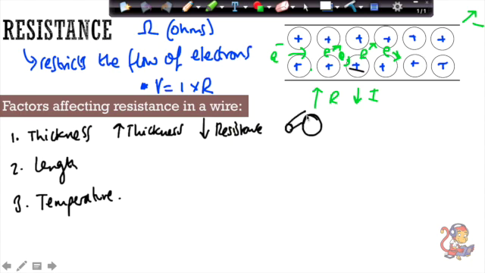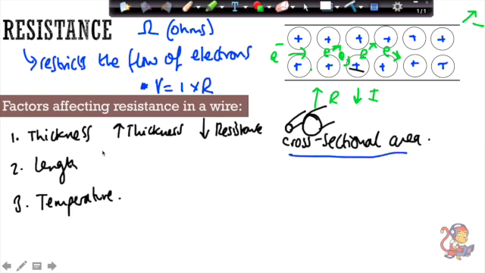So you might see it in an exam as the cross-sectional area, which just means if you cut through the wire, the area of this bit. So if you increase the thickness or the cross-sectional area of your wire, you will decrease the resistance.